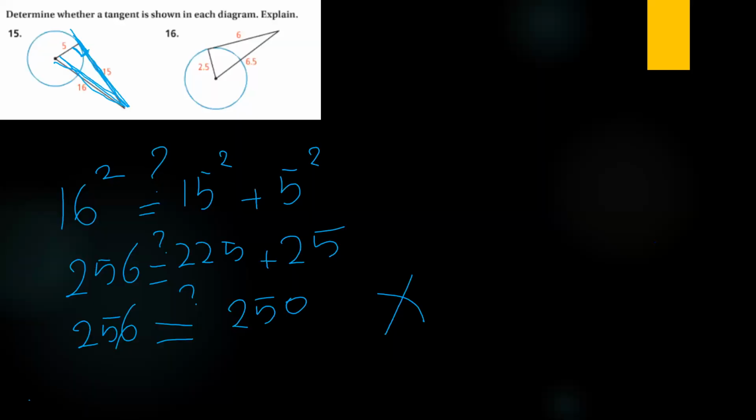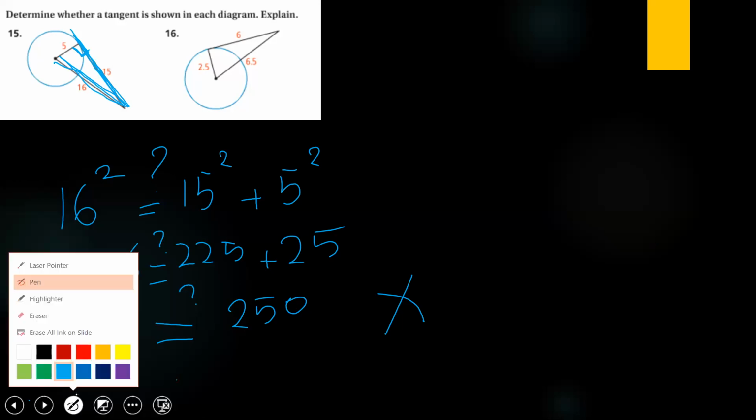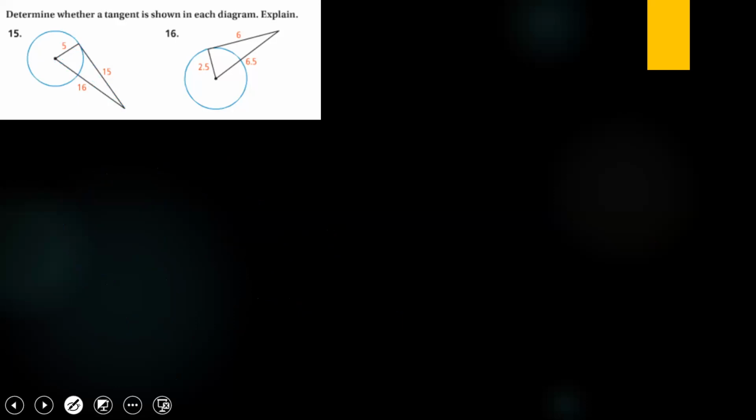Number 16. Teacher? Yes. I got it as a right triangle, which is 42.25 equals 42.25. So 6.5 squared, let's see if it is 2.5 squared plus 6 squared.